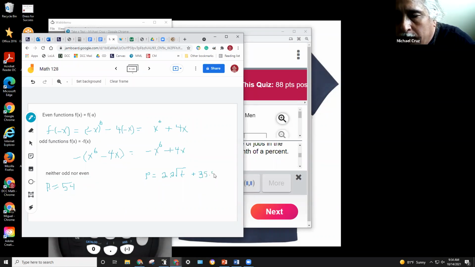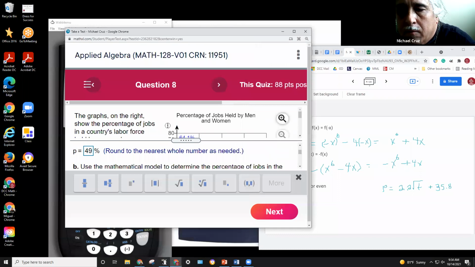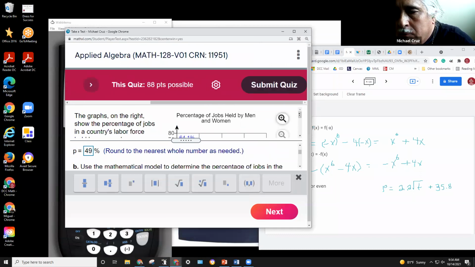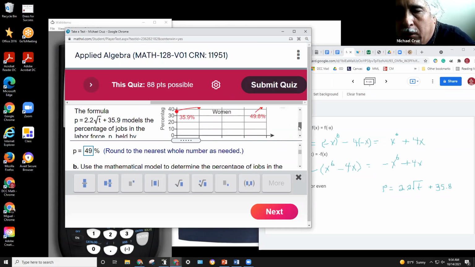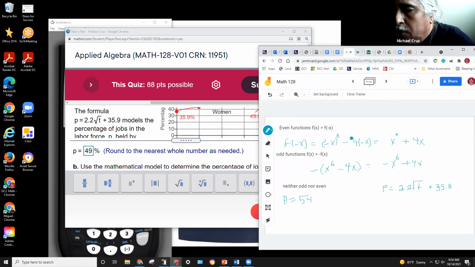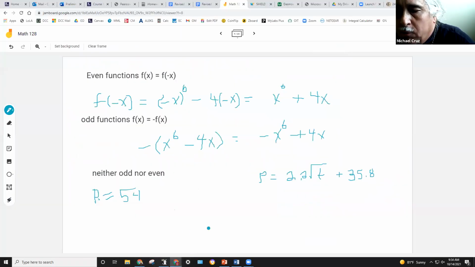So what we're doing is we're given P, that equation. And then they want us to know when P is going to be 54. So let's solve that. So we're just going to put the 54 in here.